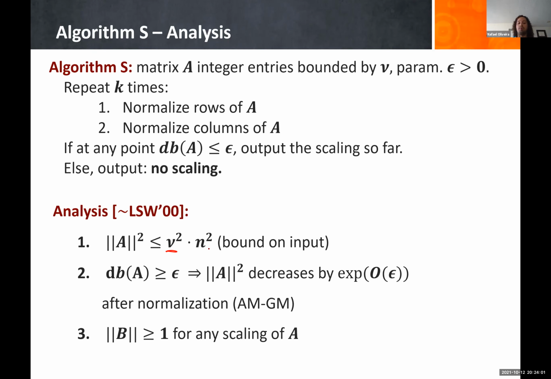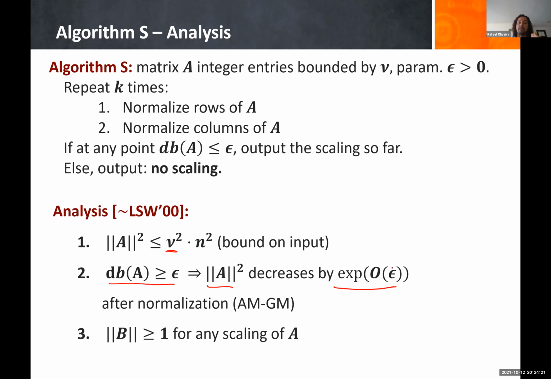So this is the bound of the input. And LSW showed that if your distance to doubly balanced is bigger than epsilon, then the norm will decrease by this factor. And if you remember, this was the first example that I showed you, how the matrix is going to 0, right?